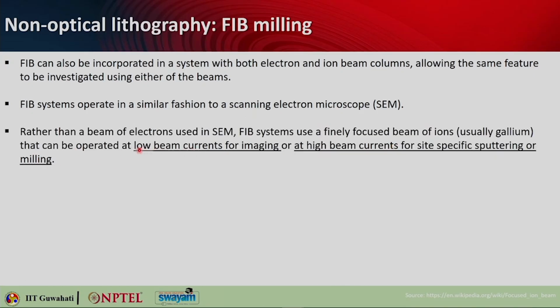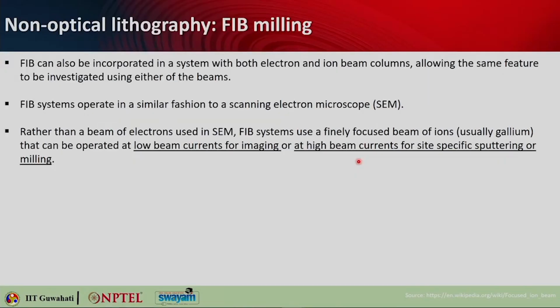Just that the difference is, rather than using electrons as in SEM, FIB uses a finely focused beam of ions, typically gallium ions, and that can be operated at low beam current, which is useful for imaging, or at high beam current for site specific sputtering or milling. If you want to mill some particular nanomaterial or microscopic material, you can use these high beam currents in FIB.